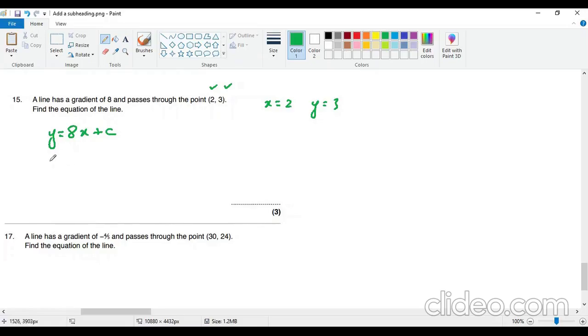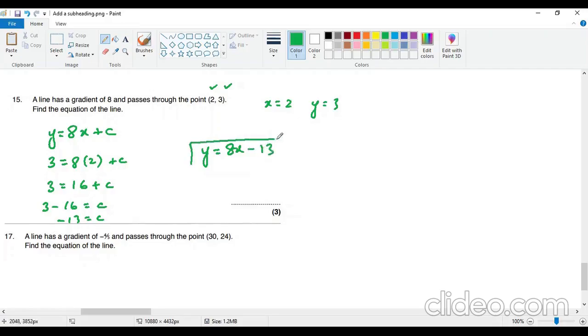So 3 equals 8 times 2 plus c, that means 3 equals 16 plus c, so 3 minus 16 equals c, that means negative 13 is the value of c. So your equation is y equals 8x minus 13, the equation of this line.